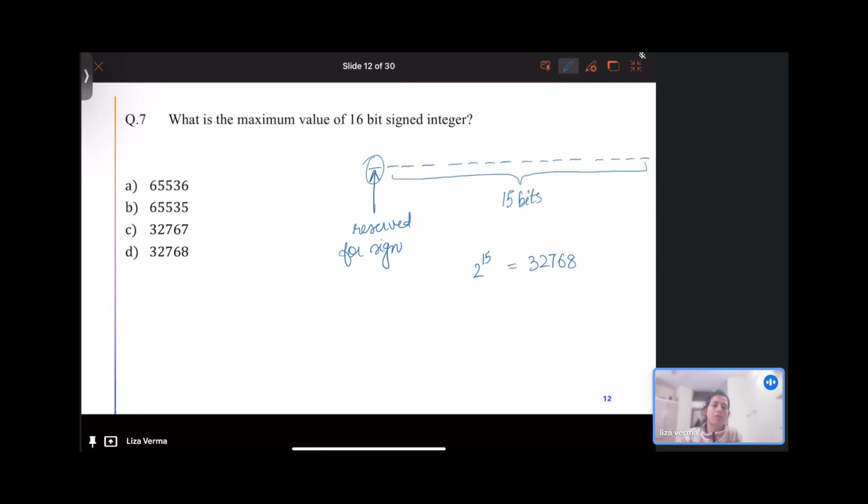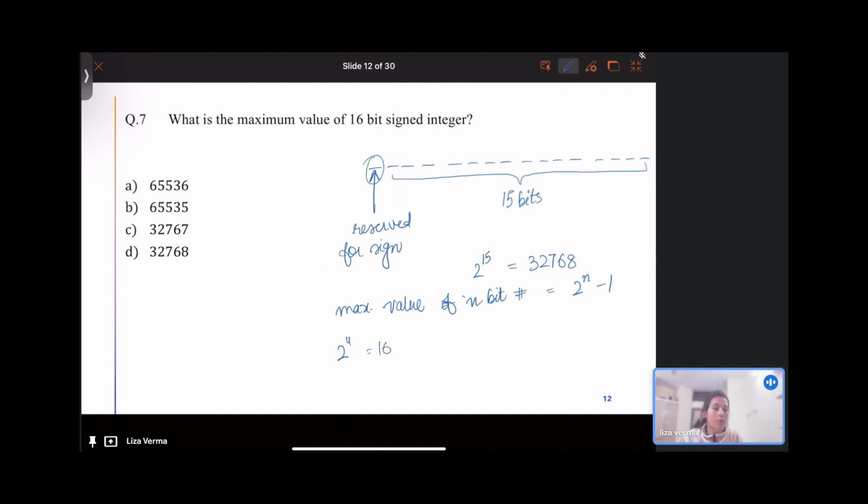The question is what is the maximum value of the number, and we already know that the maximum value of an n-bit number is equal to 2 to the power n minus 1. Just take the example of a 4-bit number. How many numbers can you represent in 4 bits? 2 to the power 4, that is 16.